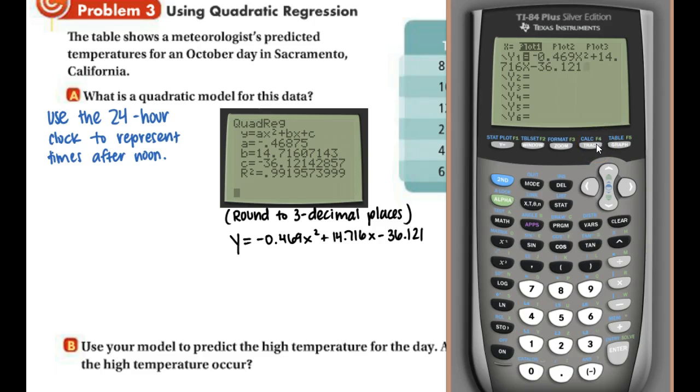Okay, now that we have that inputted, let's check out what the graph looks like. And it looks like my window's not so good. So let's go to window. And yeah, that's really, really big. Let's change that to more like 100 for each of those maxes, y and x. All right, now let's go back.